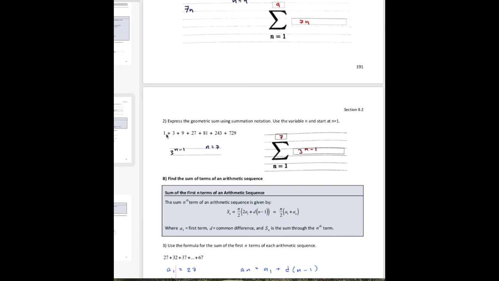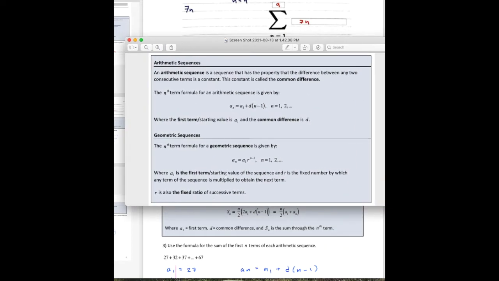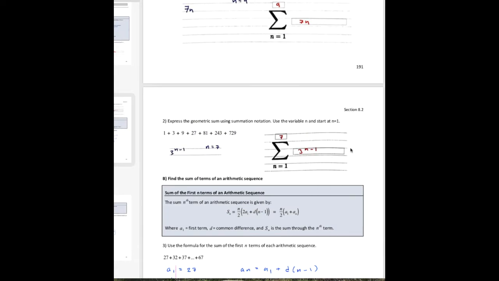So our first term is 1, and our ratio, 3 over 1 would be 3, 9 over 3 would be 3, so our common ratio is 3. So I have like invisible 1 times 3 to the n minus 1, because that is our geometric sequence nth term formula. So that's what went here, and then I just counted, there's 7 terms, so I'm going to plug into this formula that will make those 7 terms, and this is saying I'm going to add them.